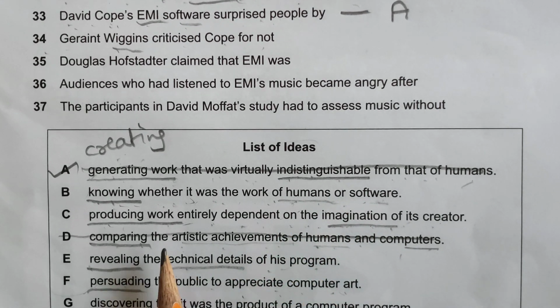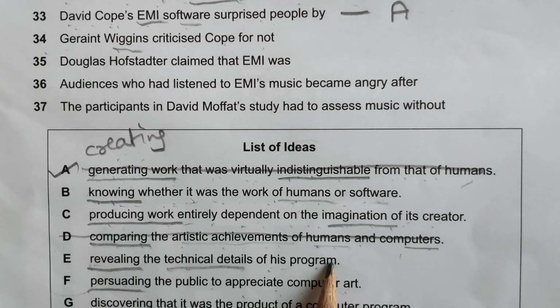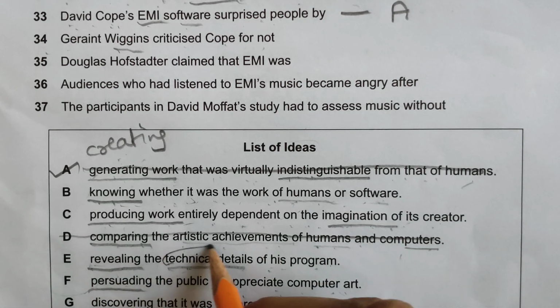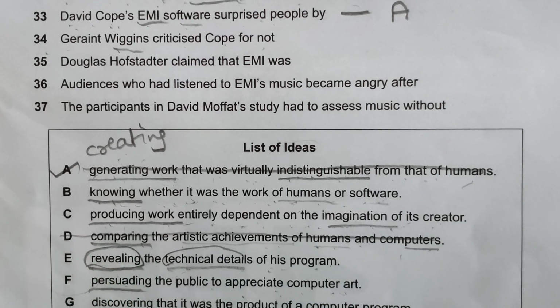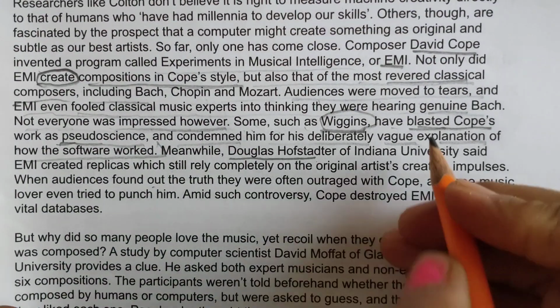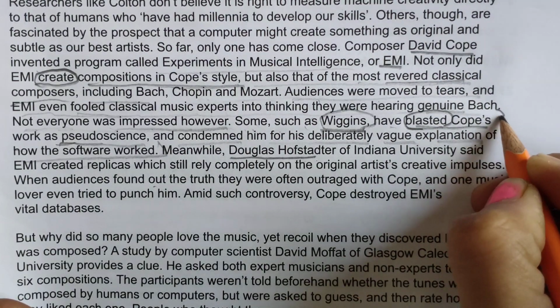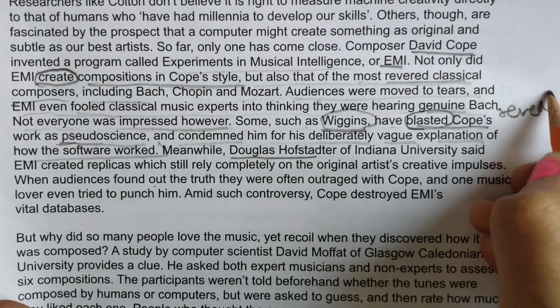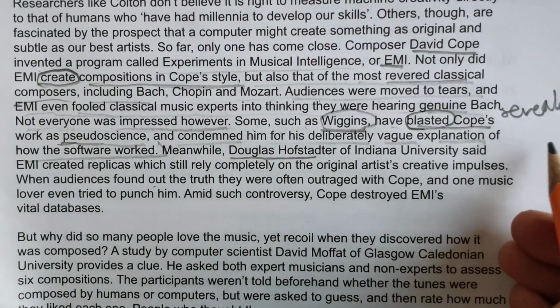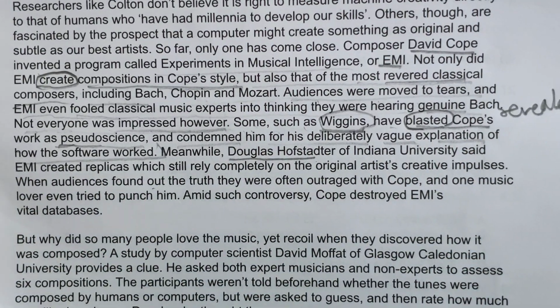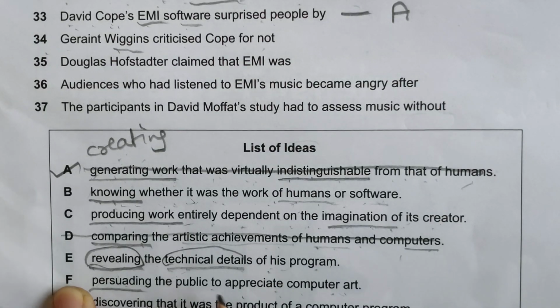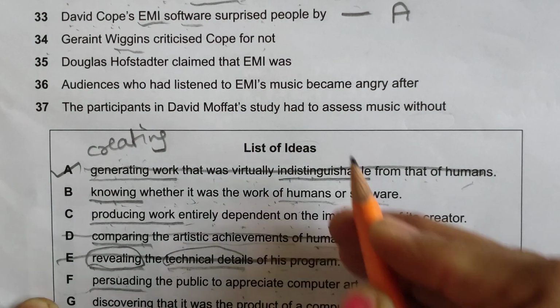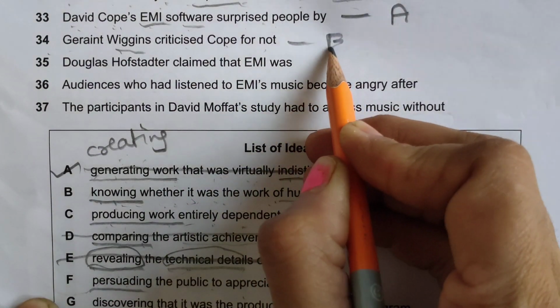No. Revealing the technical details of his program? Yes, he has revealed it. Have blasted means revealed. Cope's work as pseudoscience. Okay, so let's cut it from the options and write E here.